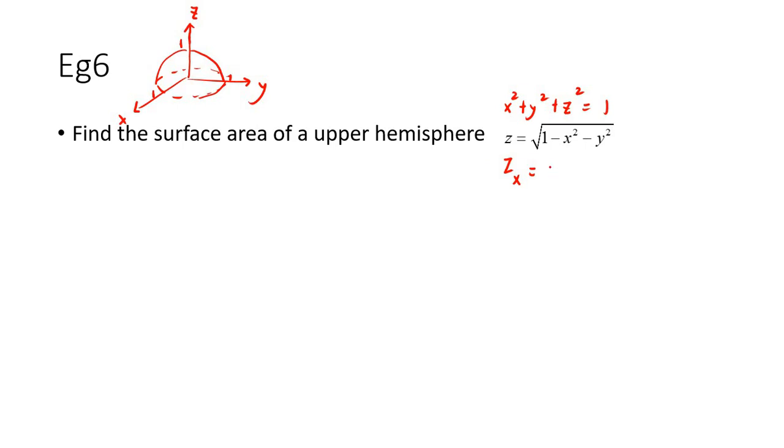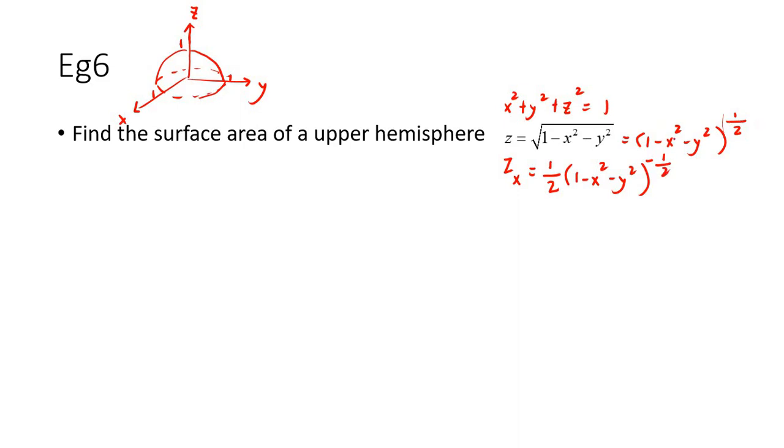So zx, this is power half. You have 1 minus x squared minus y squared to the power half. So in differentiation, bring the power in front, so half, and then 1 minus x squared minus y squared to the power half minus 1, so it becomes minus half.